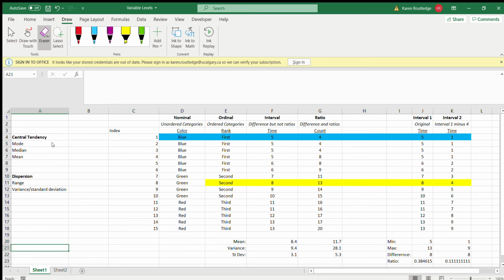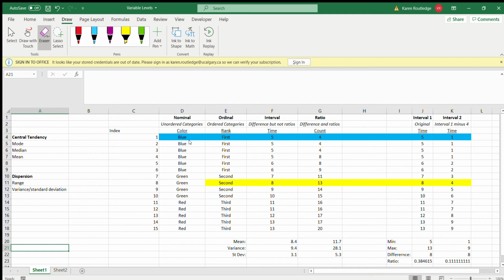The first is the mode, and the mode of a variable is the value in the variable that appears the most often. So in our nominal level variable color, we have 3 values, blue, green, and red. And blue appears 6 times, which is more often than green or red.